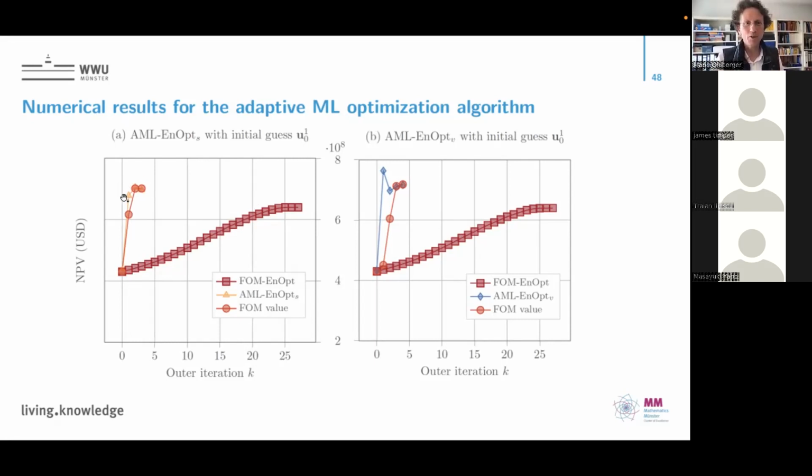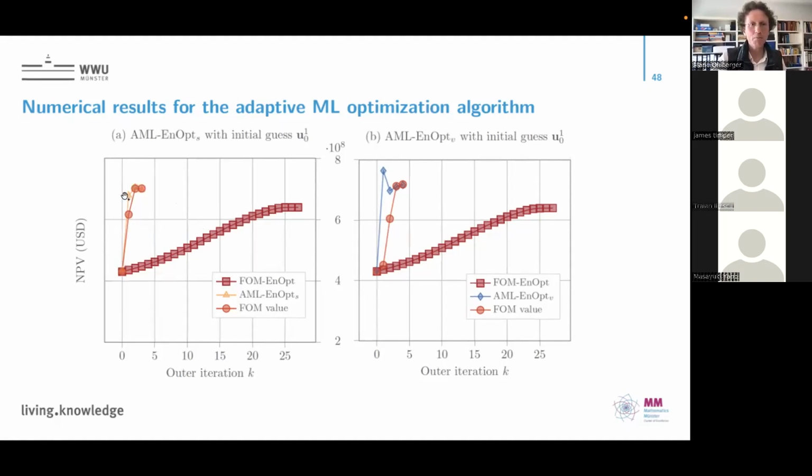So this machine learning model at the same time serves as a kind of regularizer for the underlying problem. And you converge into different local maxima. And actually, these are local maxima, and this is done by checking the gradient with the full order model.